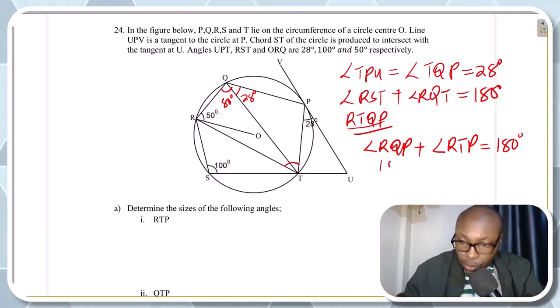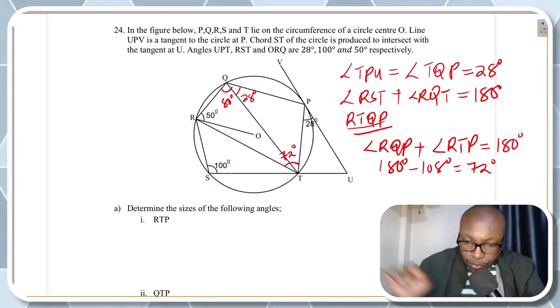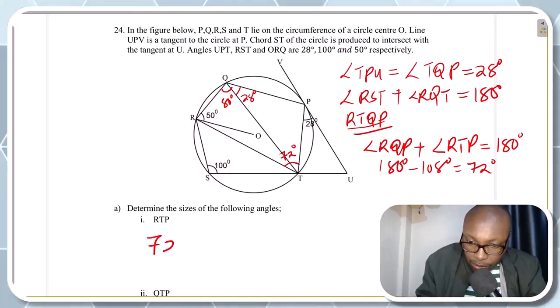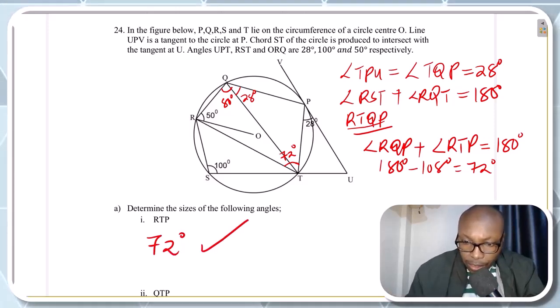So we take 180 degrees, subtract 108 degrees, and this gives 72. So the whole of this angle is 72 degrees. We have already obtained that: that angle is 72. In case you're required to give the reason, it is that the sum of two opposite angles in a cyclic quadrilateral is 180.